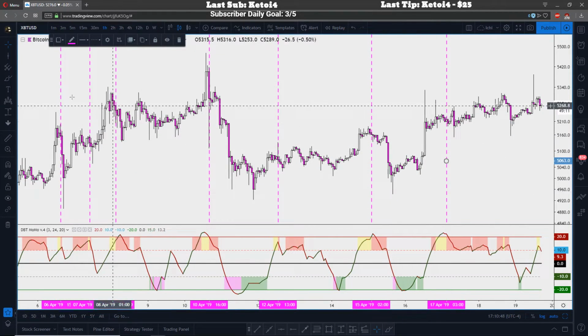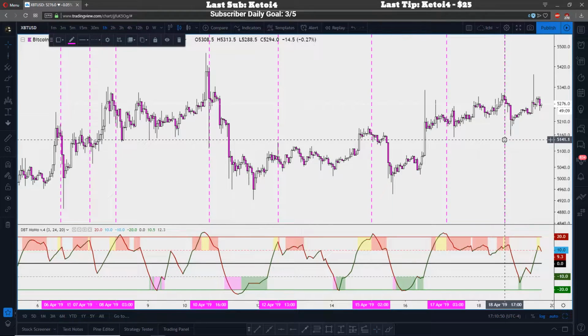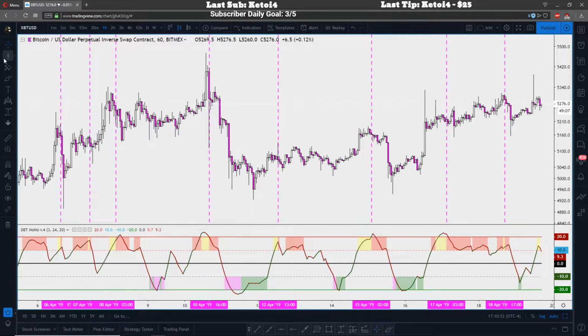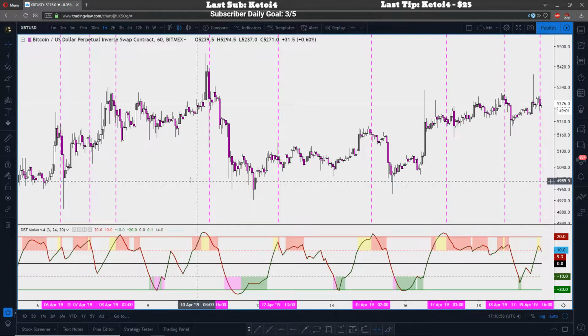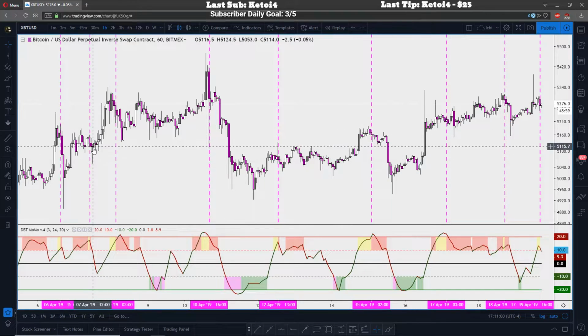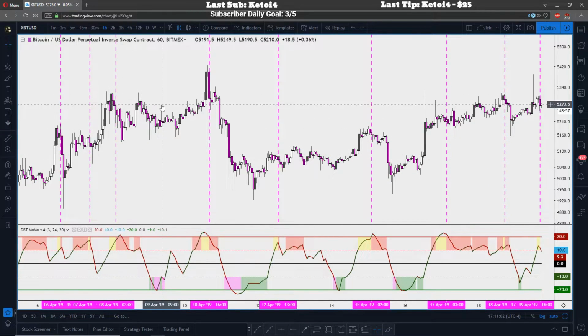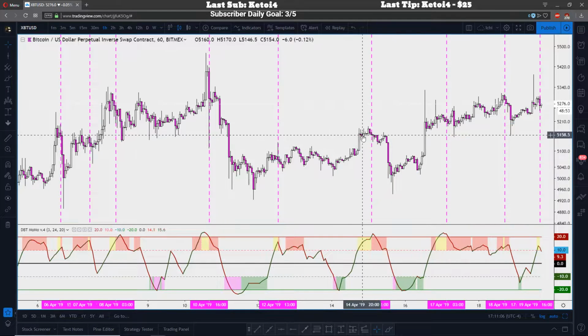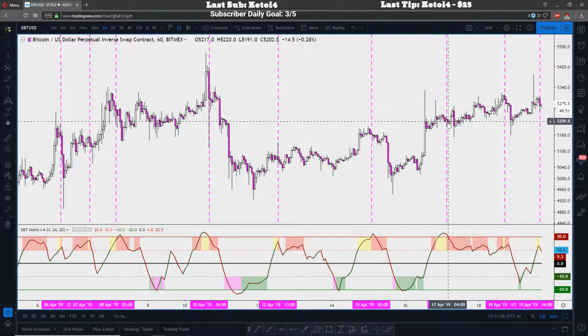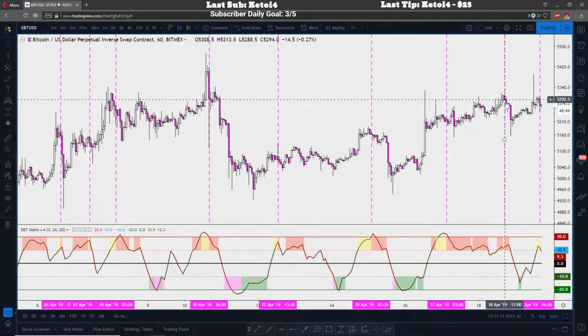Here, which turned into a bear div. Here, which played out the bear div. And now we're currently seeing one. So as you can see, this one succeeded, short term. This one succeeded. This one succeeded, but turned into a bear div. This one succeeded. This one turned into a bear div. This one played out the bear div. And now we're currently getting one here.